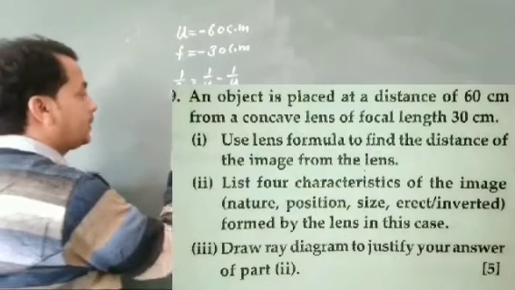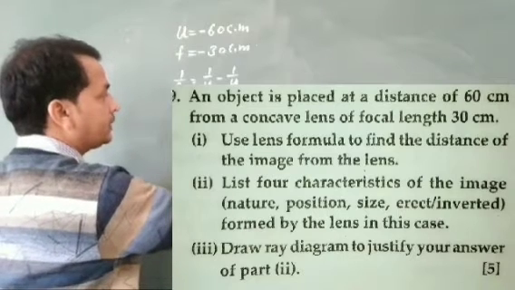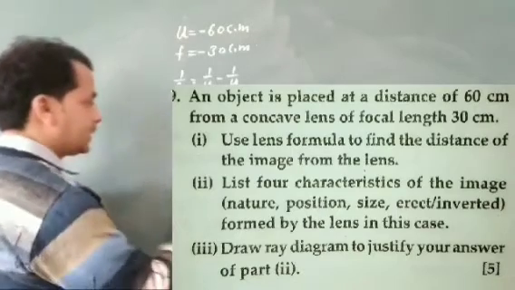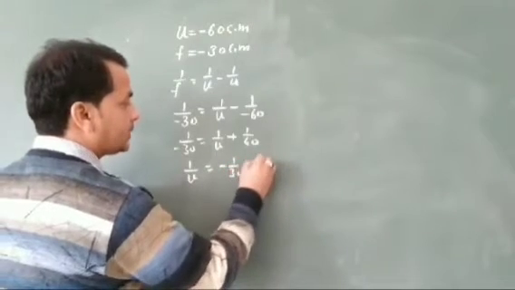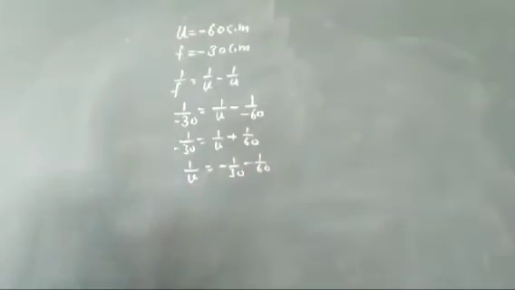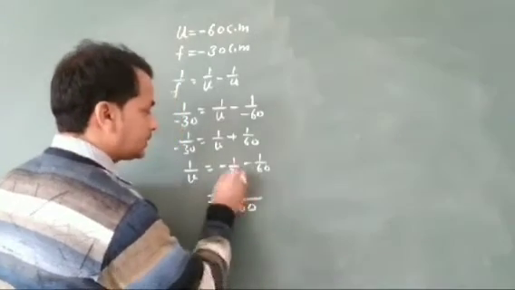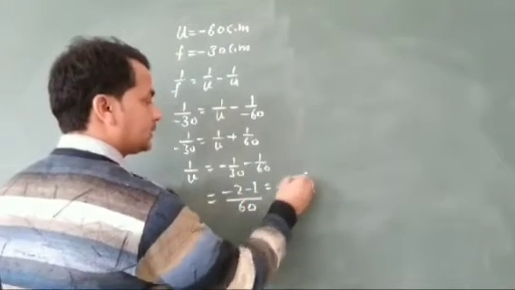Then 1 by minus 30 equal to 1 by V, and minus into minus is plus, that is 1 by 60. Transposing 1 by 60, 1 by V equal to minus 1 by 30 minus 1 by 60. The LCM of 30 and 60 is 60, so minus 2 minus 1 is minus 3 by 60.